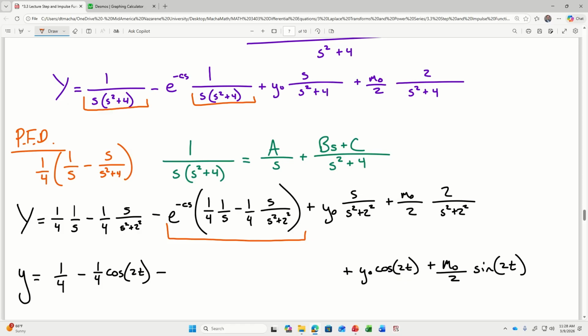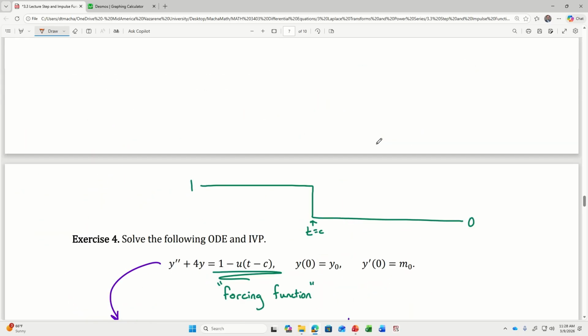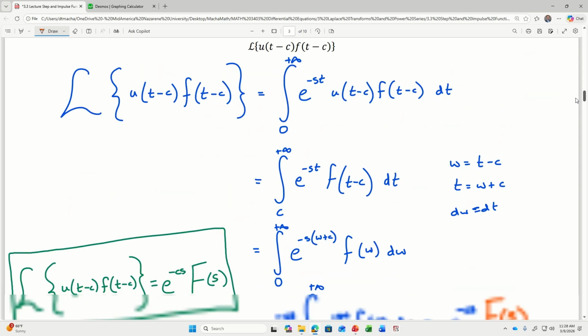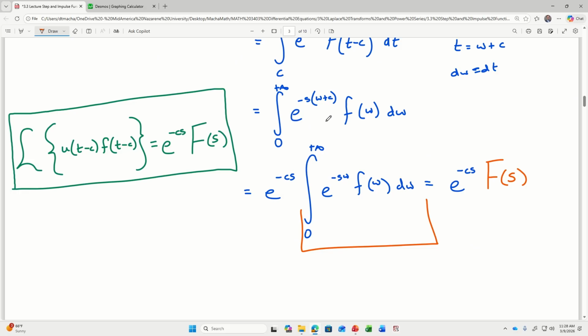I don't have the table on me, but if you look up in your table, what is e to the negative cs times a function? This is one we discovered together today, on like page 3. If I have e to the negative cs times some capital F of s, what I do in the inverse Laplace transform is I take my unit step function of t minus c times what would have been the inverse Laplace transform, but I change the argument to t minus c.